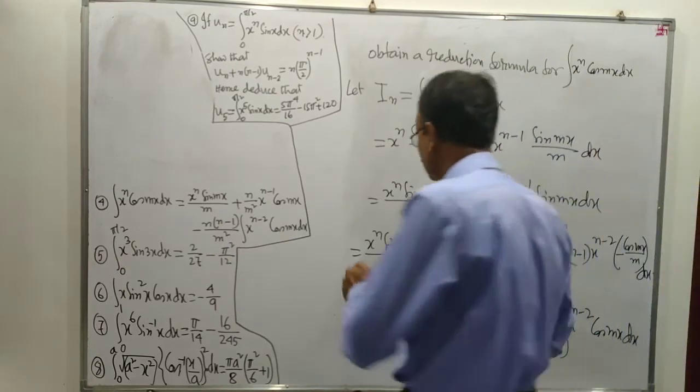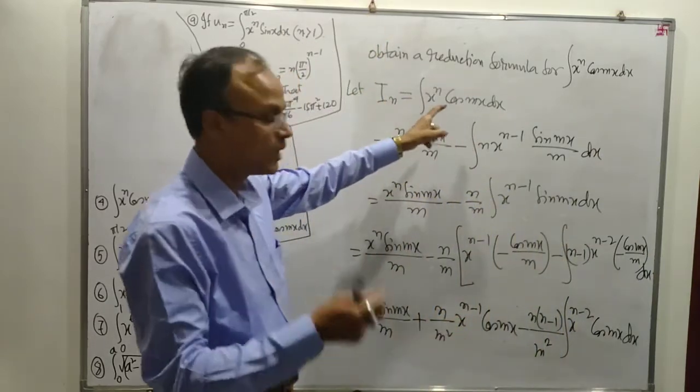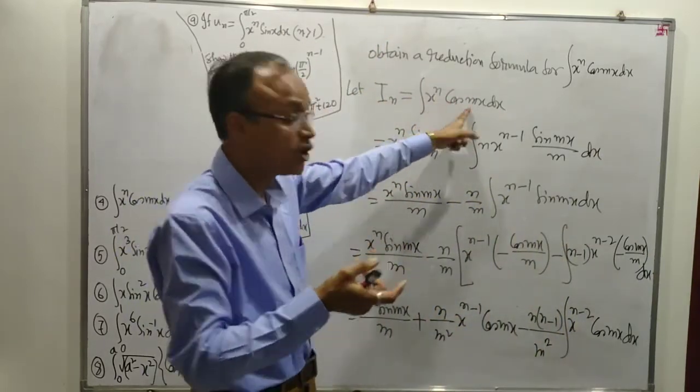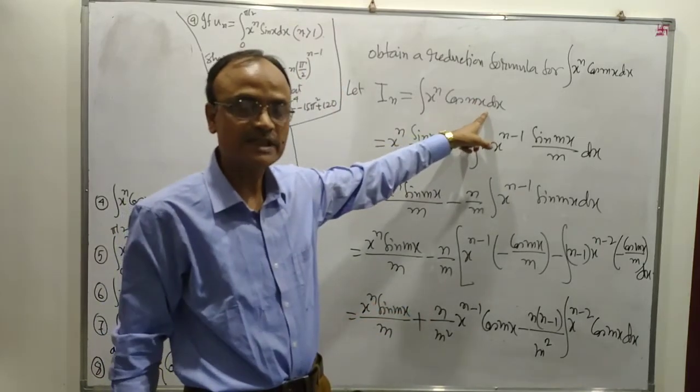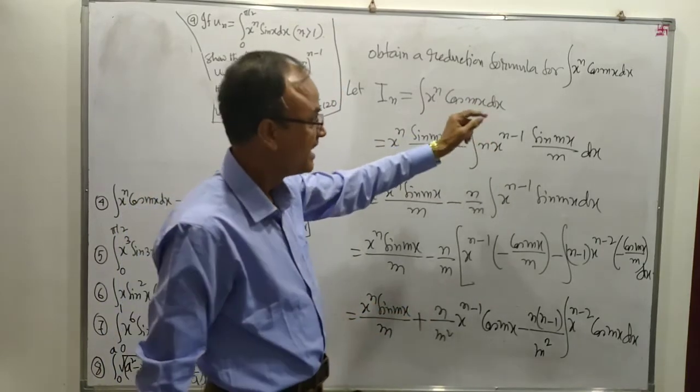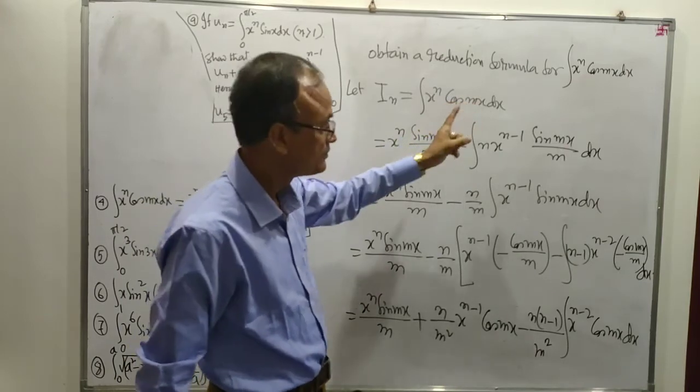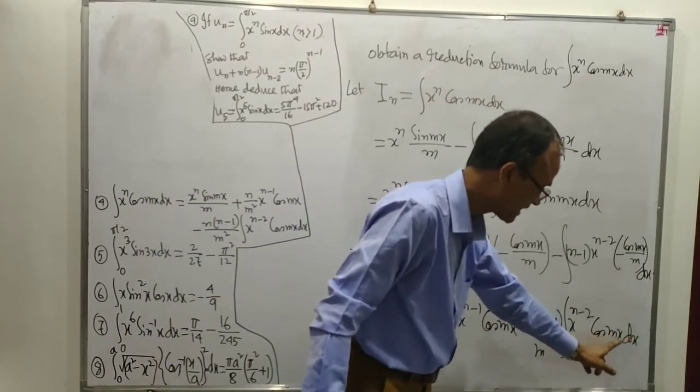You see, I_n was integration x to the power n cos mx dx. It should be cos mx. You see here cos mx.